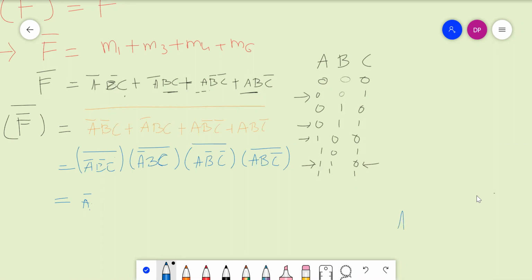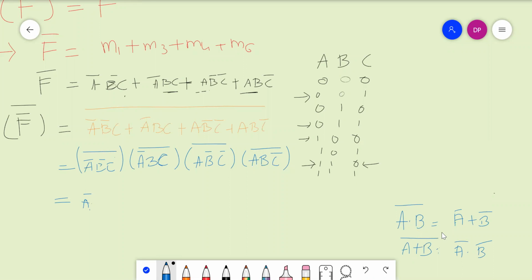De Morgan's law, I'm writing here: (A dot B) bar is equal to A bar plus B bar.